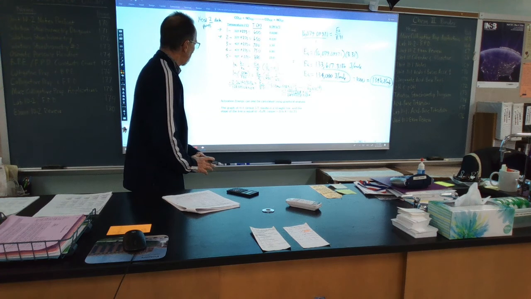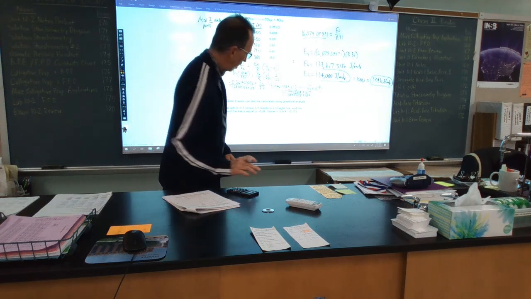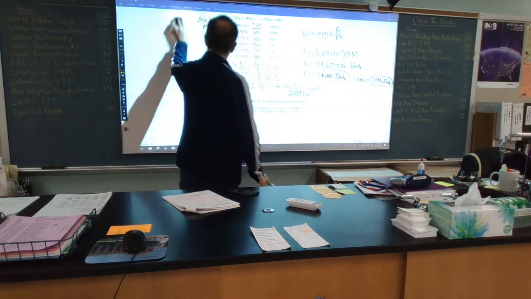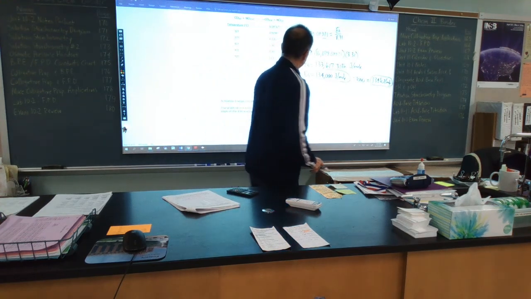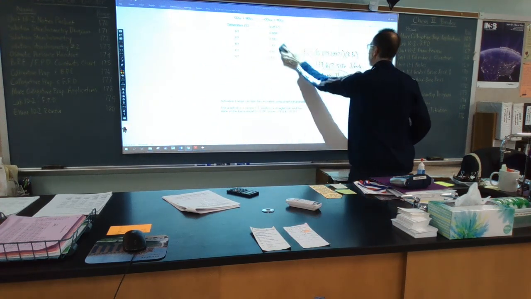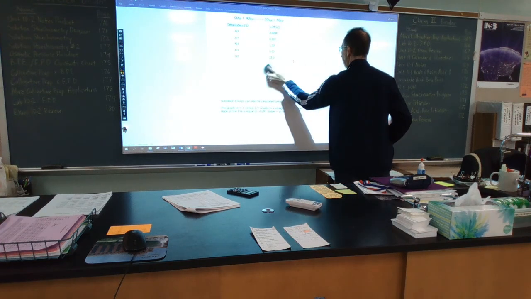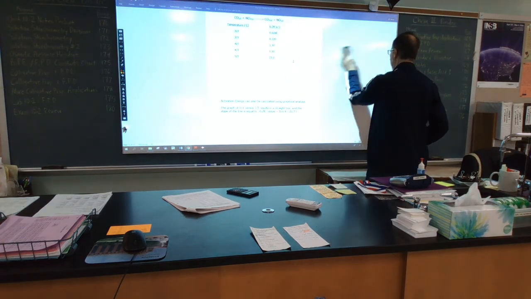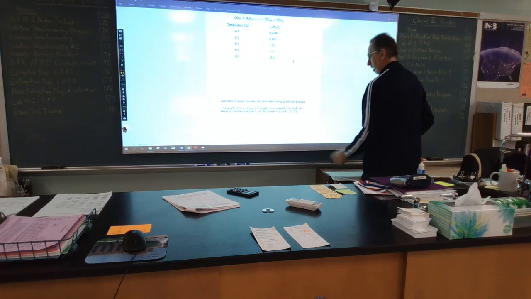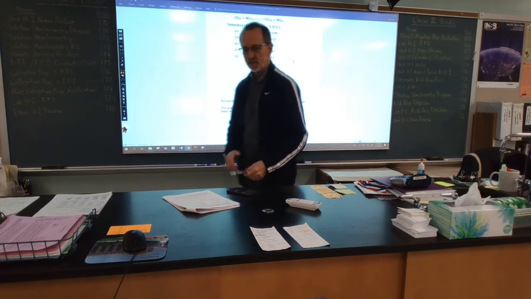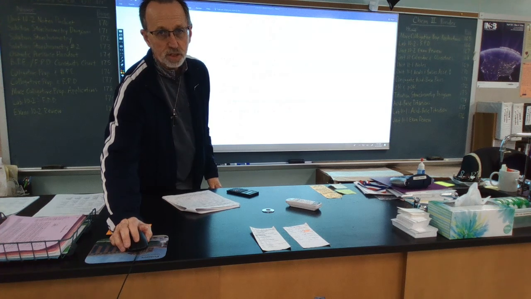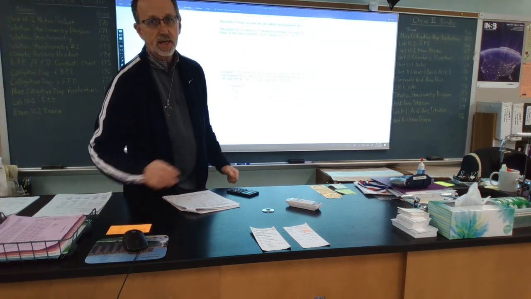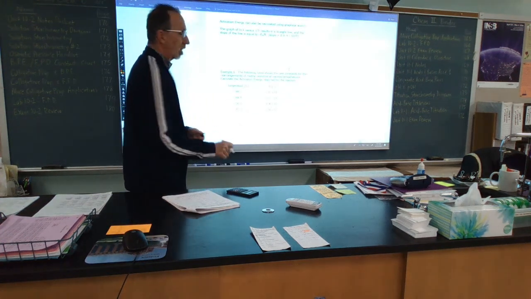All right. Now, there is another way that you can determine activation energy. It's a little more cumbersome than using the Arrhenius equation. I would definitely say the Arrhenius equation is my method of choice, but I'm going to show you how activation energy can also be determined graphically.